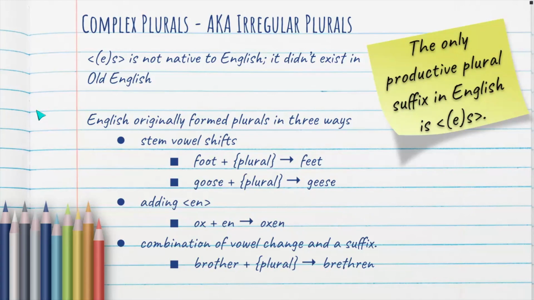Now there are other pieces around if your base is changed, like from loaf to loaves, then you've added an ES. But if you think about the word horse, horse has 1 syllable, horses has 2 syllables, you have added an ES. But because horse ends in an E, it appears as though all we've done is added an S.